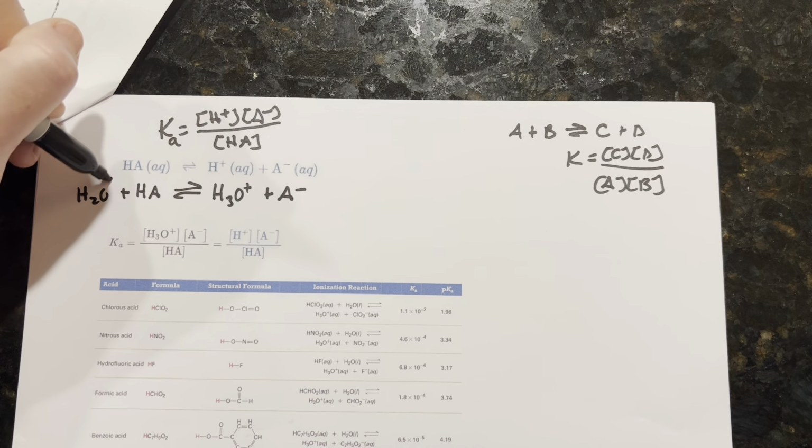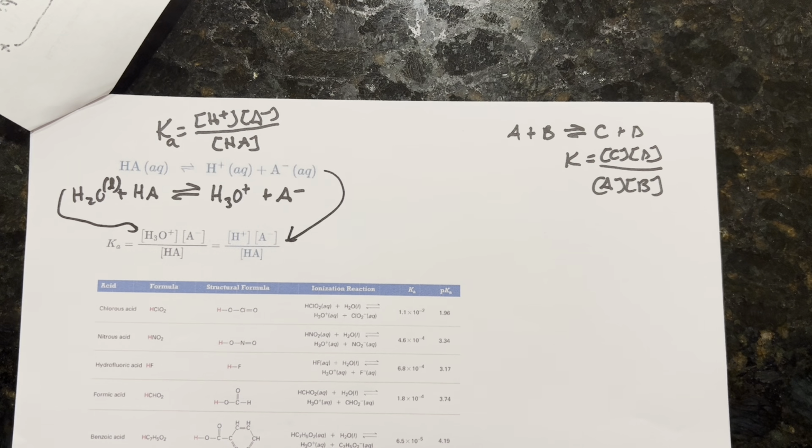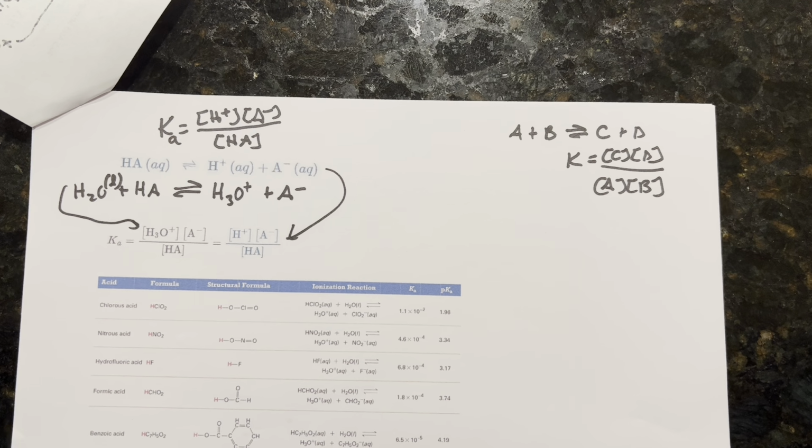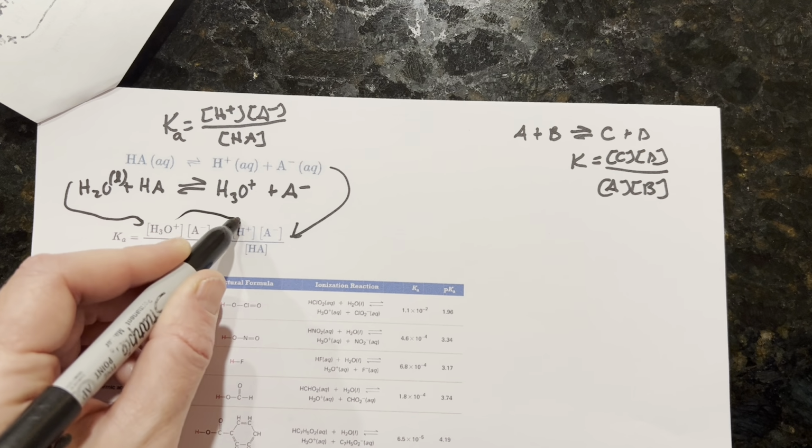Water would be a liquid, and all of these would be aqueous. So if we were to write the Ka for this one, or the Ka for that one, this one would give us that Ka, and that one would give us that Ka. And there is no difference. Whether or not we have water isn't a difference. We oftentimes say that these two things are the same.